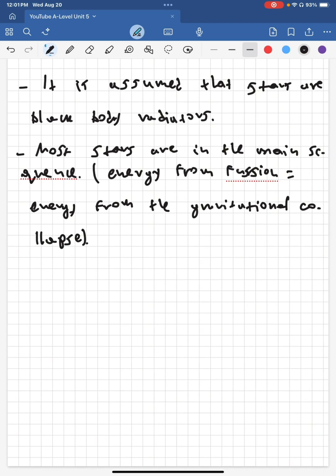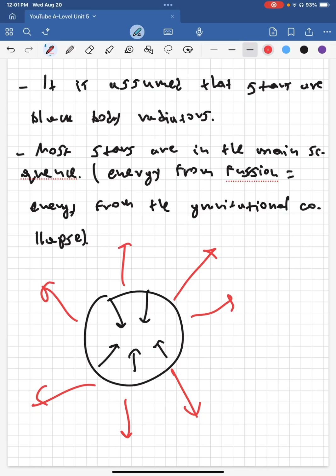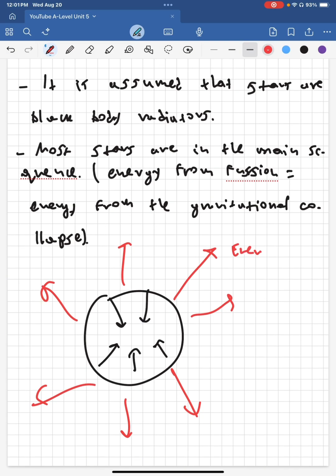And what I mean by that is that in a star, you have a lot of material that presses inwards, right? Because the gravitational force is attractive, okay? So everything will collapse on a point if that star didn't produce energy from fusion to push this out and balance that, okay? So this is the energy from fusion, and this is the gravitational energy.